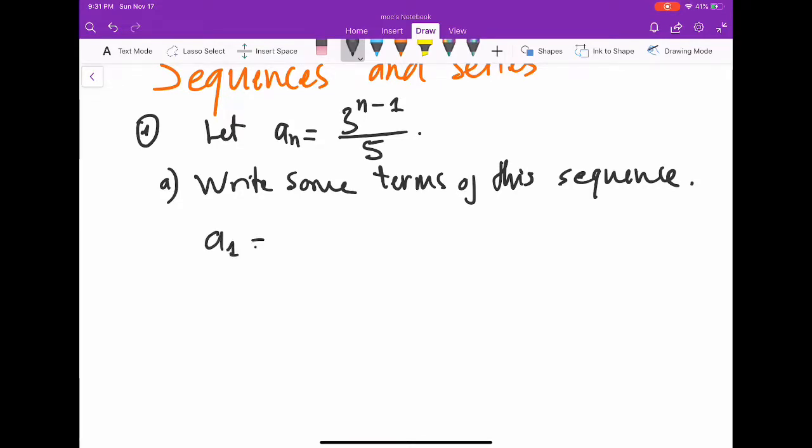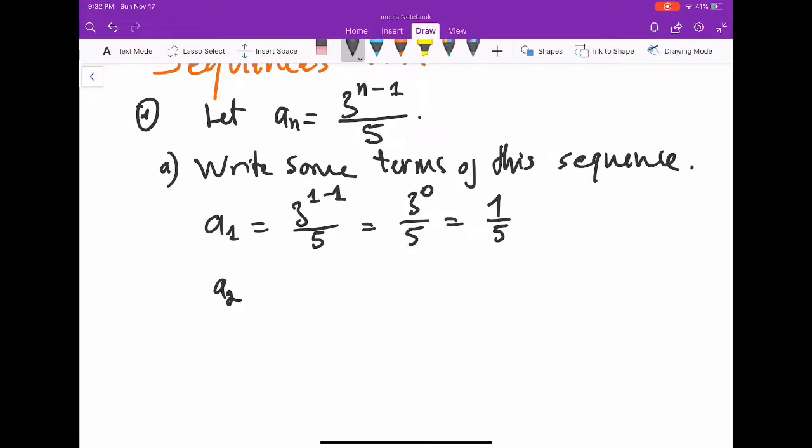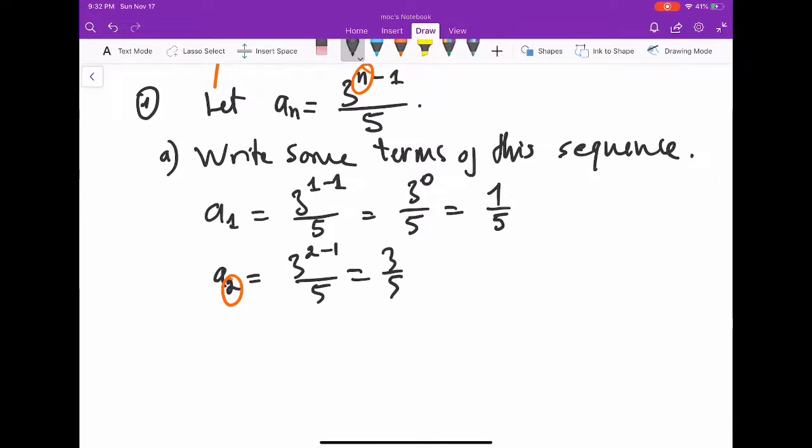So what is a1? a1 is just 3^(1-1) over 5, and then you get 3^0 over 5, which is 1 over 5. Then for a2, you plug 2 into the formula of a_n, so you get 3^(2-1) over 5, which is 3 over 5. And a3 is 3^(3-1) over 5, which is 3 squared over 5, that is 9 over 5.